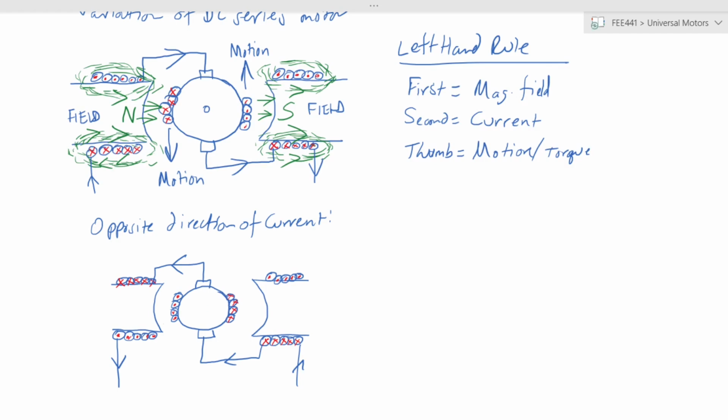In this case, you will notice that the fields will be in opposite directions to what we had before. So this becomes a south pole because the magnetic fields have reversed, and this becomes a north pole because the magnetic fields have reversed as well.